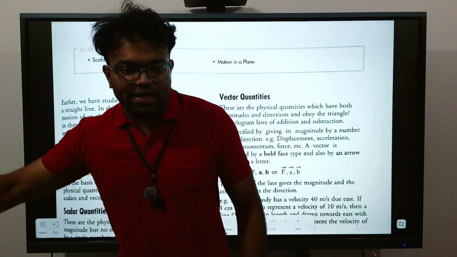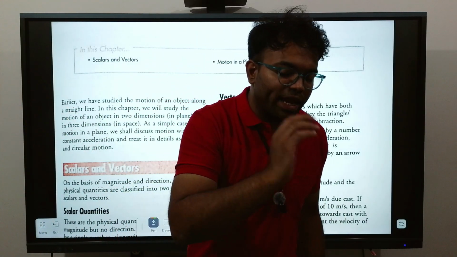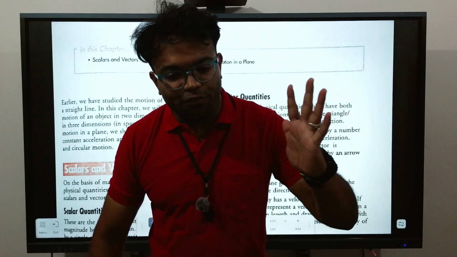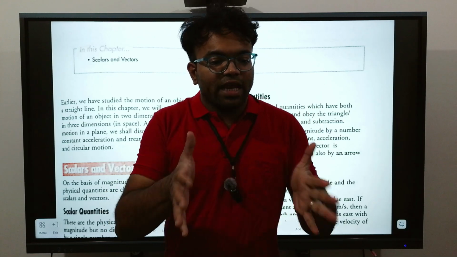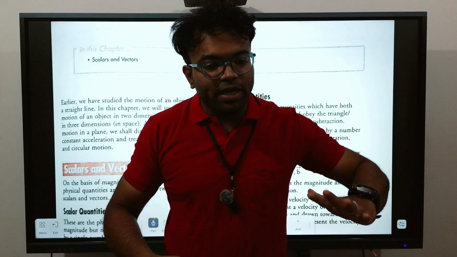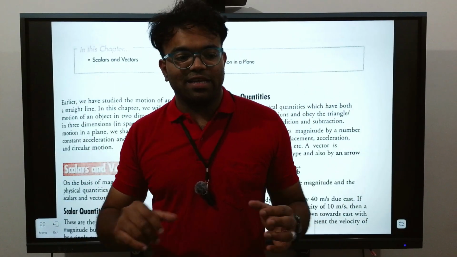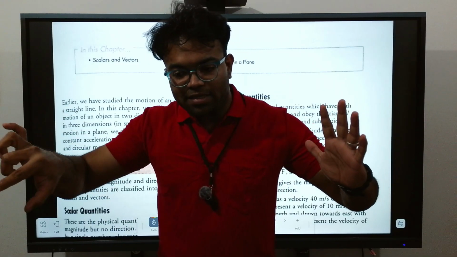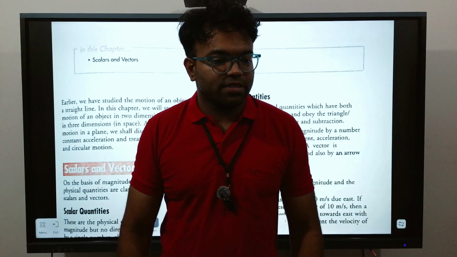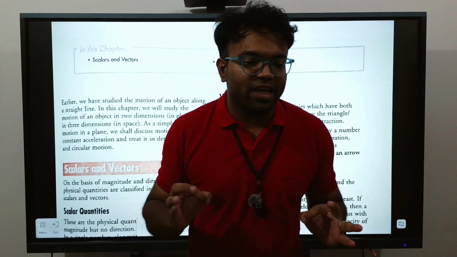So if 10 newtons of force is applied from the left and 20 newtons from the right, the resultant 10 newton force acts on the table, because 20 minus 10 is 10. So the table will move towards the right by a force of 10 newtons. That is directionality.